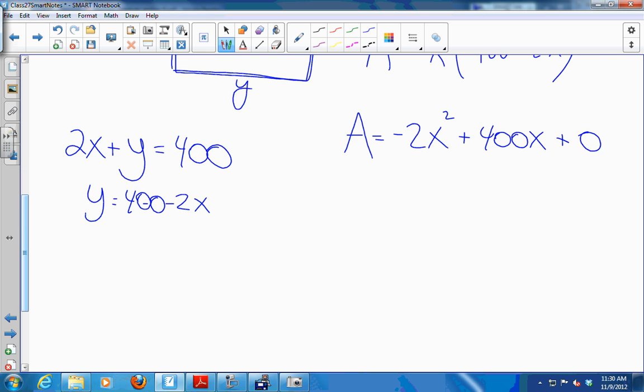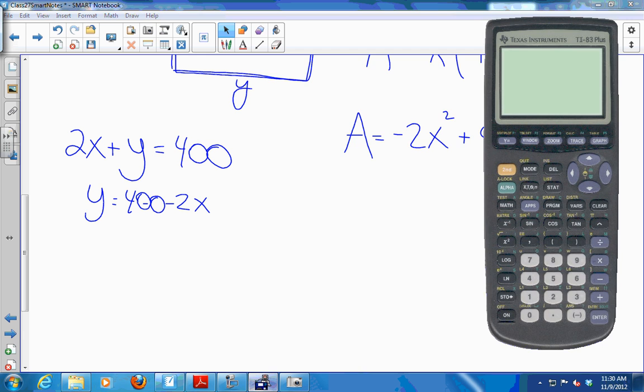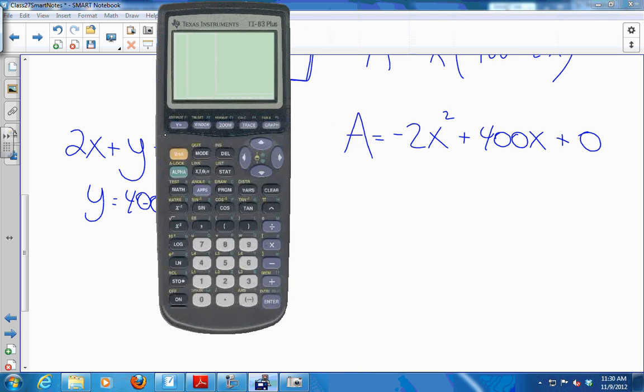Well, let's take a quick look at the graph of this thing. Negative 2x squared plus 400x.